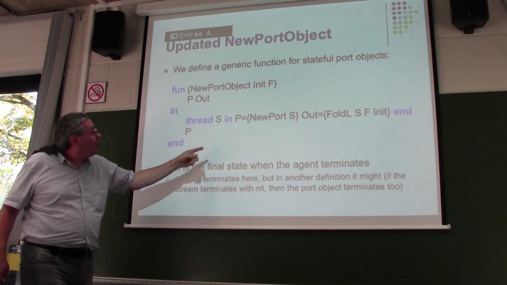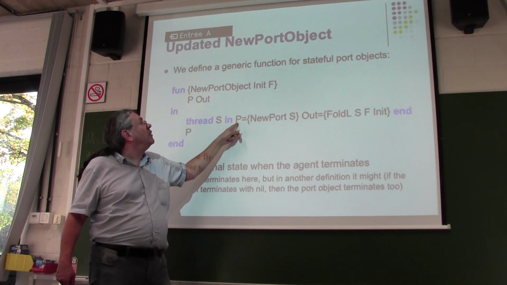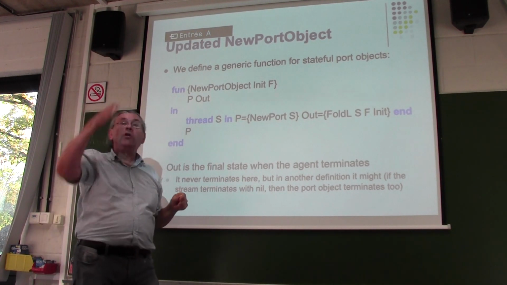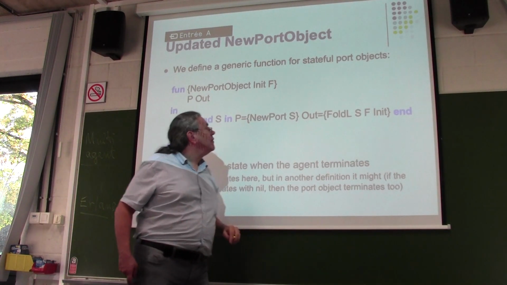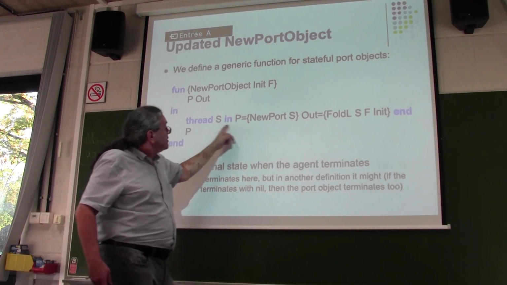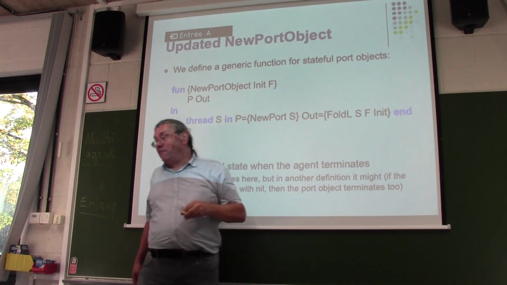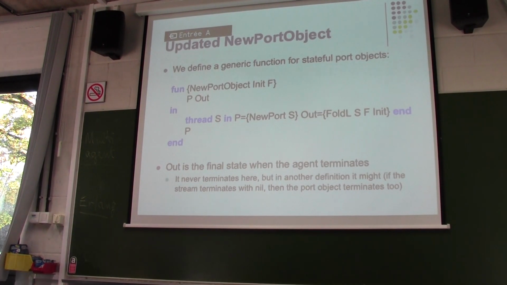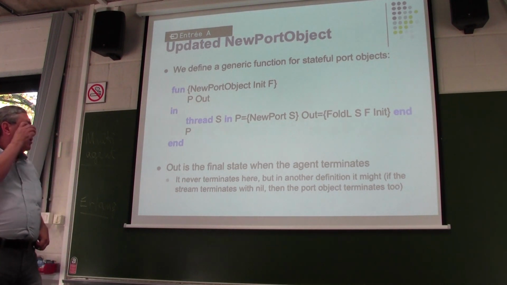So if I have a close, so new port doesn't let me do that, but if I can close the port, then the stream will end in nil. That would close it. You cannot extend it, and then the fold would terminate. So doing it like this is actually very nice because it shows us out would be the final state. The final state of the stream object, the port object, when it terminates. Okay?